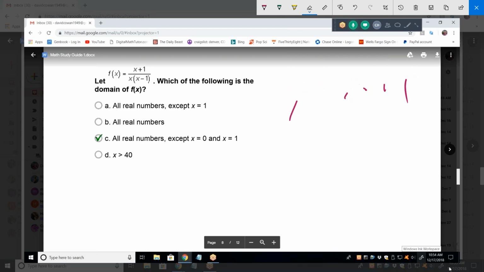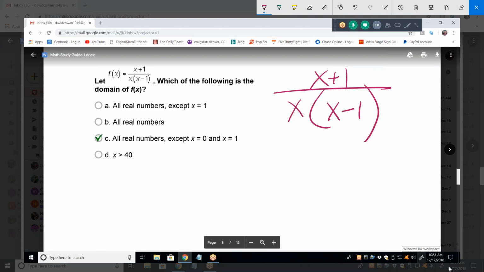However, the one they gave you is x plus 1 over x times x minus 1. Well, when you see a function like this, the only major restriction is going to be on what is in the divisor.